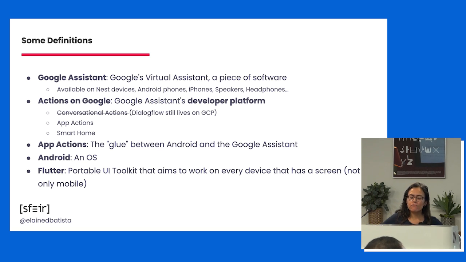And then we have Actions on Google, the developer platform for working with the Google Assistant. I'm going to talk about a little bit more history on the next slide, but there have been some recent changes around Actions on Google. Maybe even in this audience, you're working for a company that has made custom conversational actions.